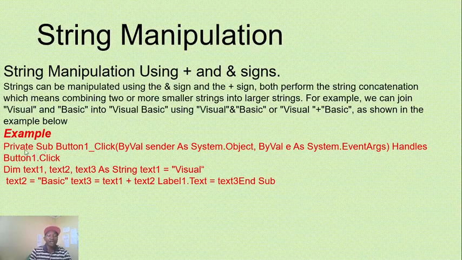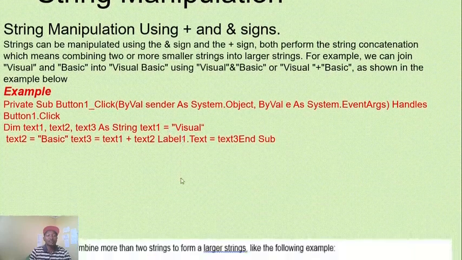Don't get confused, because this sentence is put in by the system automatically. Here we are declaring Dim text1, text2, text3 as String, where text1 equals Visual, whereas text2 equals Basic. The answer will be text1 plus text2, then it will be displayed in a label.